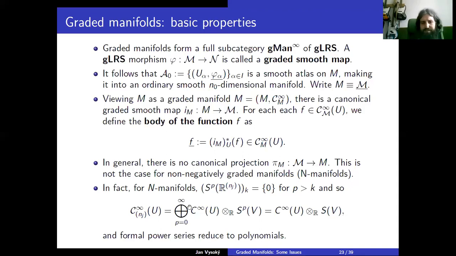And this was my last note last week: for non-negatively graded manifolds, in fact, this graded domain sheaf is quite simple because you don't have to work with infinite formal power series, but it is enough to work with polynomials in your psi.